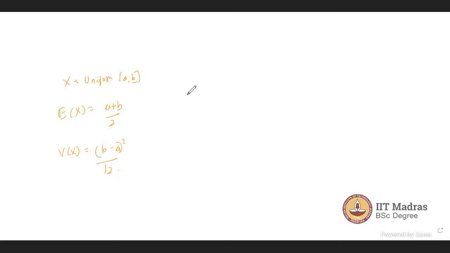So how do we find this? Here the expectation of X is nothing but we integrate over the complete region a to b, x times the PDF, which is 1 over b minus a. Those who know integration can solve and check, and we assume that you are not aware of integration.